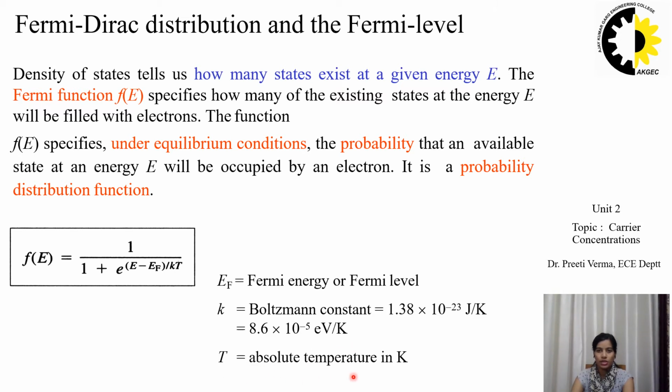T is the absolute temperature in Kelvin. This is the Fermi-Dirac function, and it defines the probability of finding an electron in an energy level E.